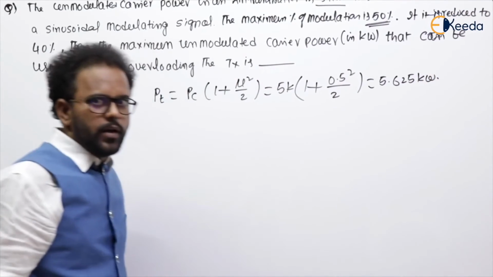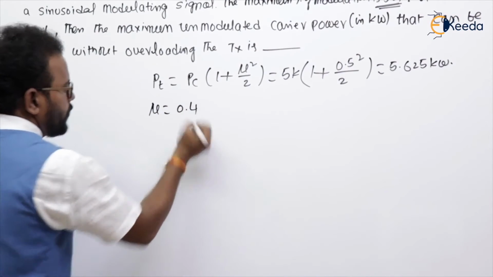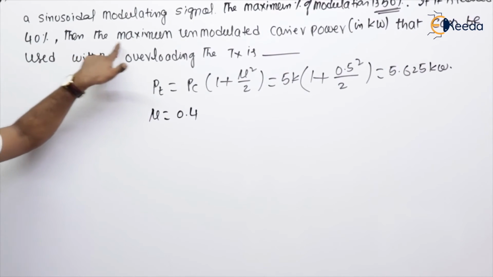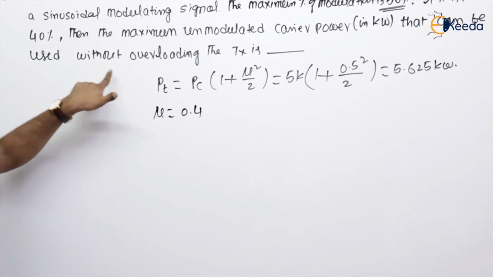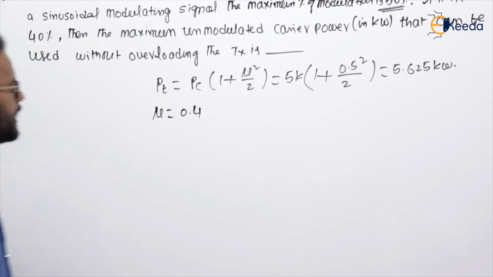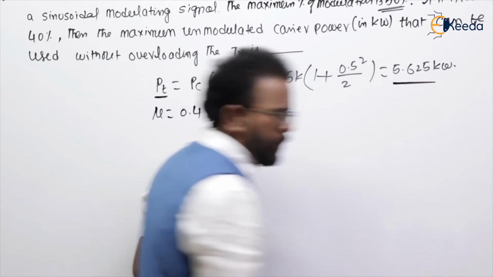Fine. Now what is he doing? He reduced the modulation index to 0.4. Then the maximum value of carrier power that can be used without overloading, means already the system is working at 5.625.